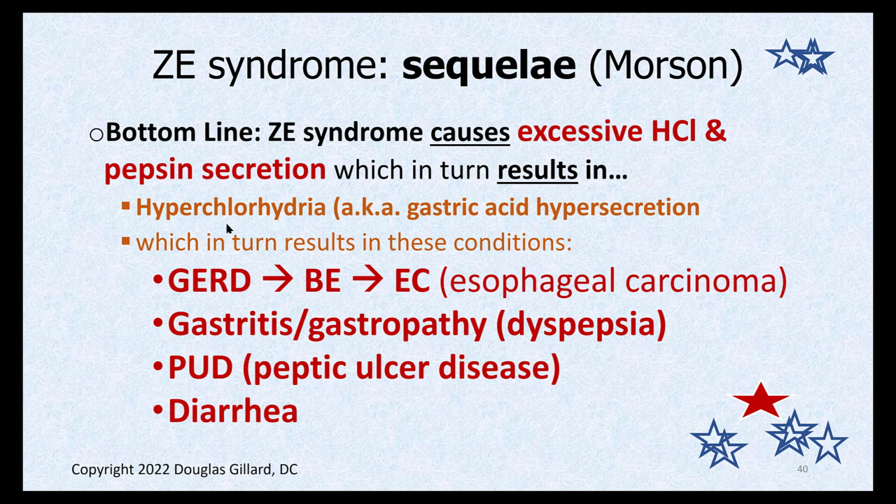Well, if you have too much acid and even a semi-weak lower esophageal sphincter, you're going to get GERD like crazy. GERD can progress to Barrett's esophagus, and GERD can progress to esophageal carcinoma.